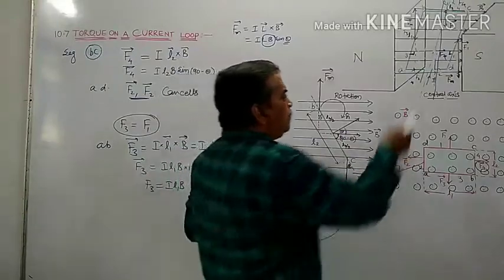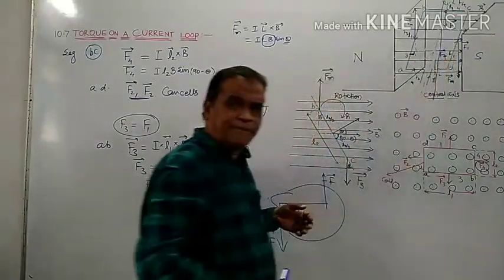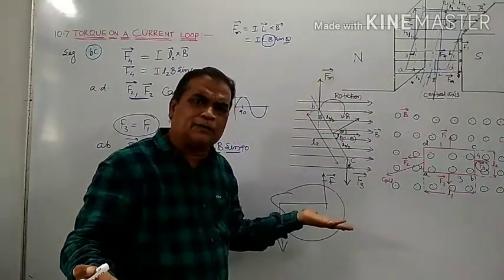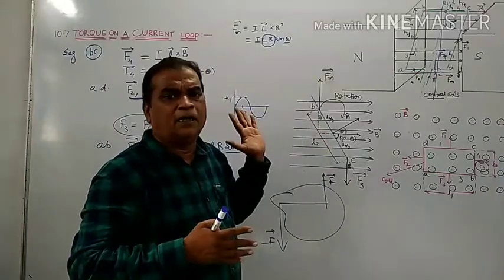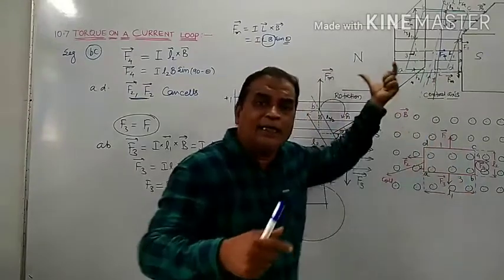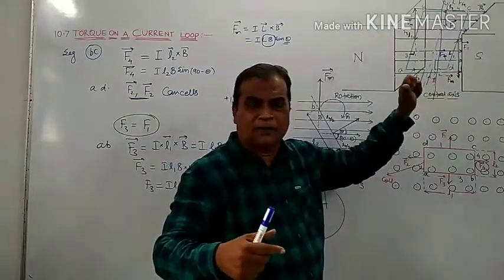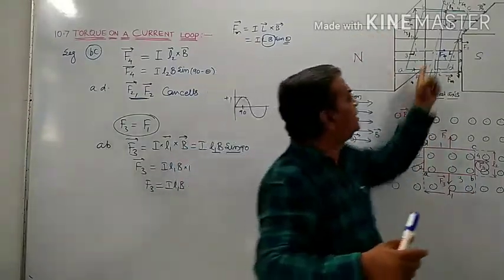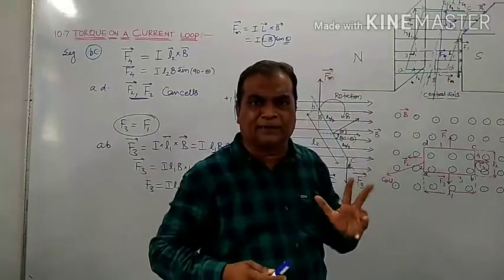Whereas the forces F1 and F3, equal in magnitude and acting in opposite directions, have lines of action that do not coincide, hence they produce a torque, and that torque will rotate the coil about the central axis.